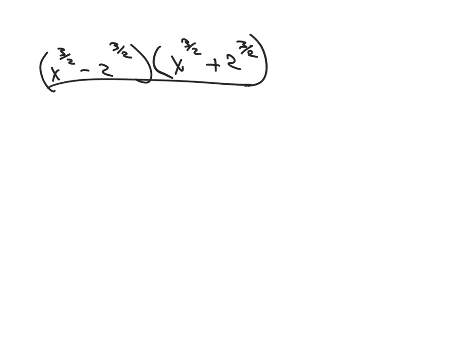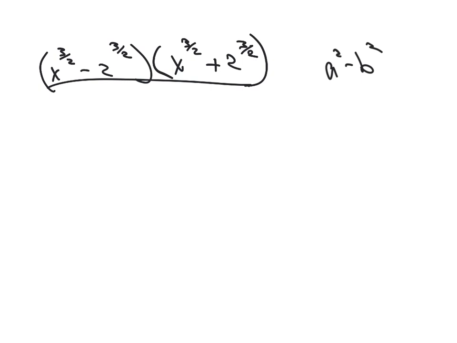X to the 3/2 minus 2 to the 3/2 times x to the 3/2 plus 2 to the 3/2. Now remember, there was another formula that said if we have something like that with the exact same terms, we can write that as a squared minus b squared, the first term squared minus the second term squared.